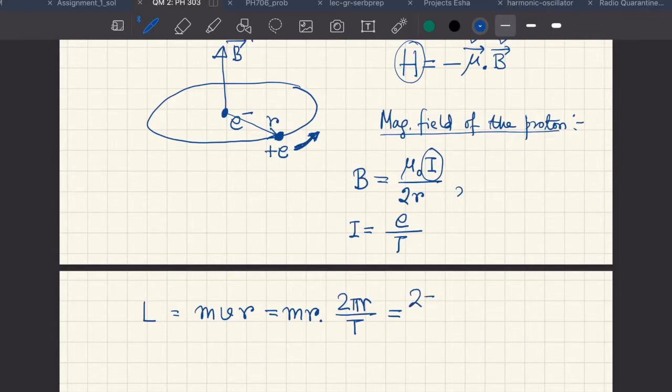So this gives us 2 pi m r squared divided by the time period. That means, starting from here, T is the time it takes to complete a full circle and come back to the same point.